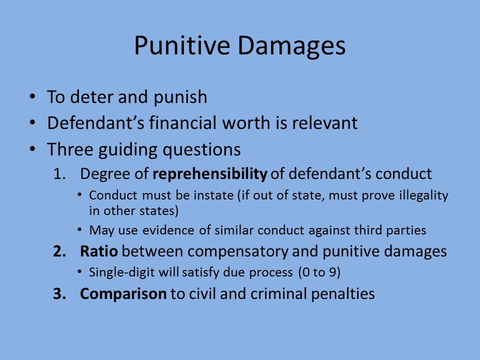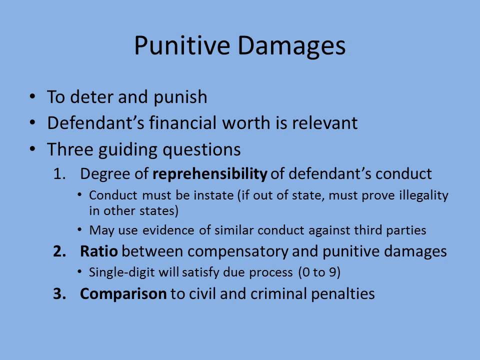And the rule they kind of play with is a single-digit rule. And all that means is take the compensatory damages, and if the amount of punitive damages is between just above 0 to 9, a single-digit ratio, then it should be okay with due process.